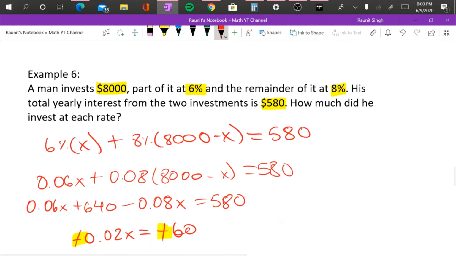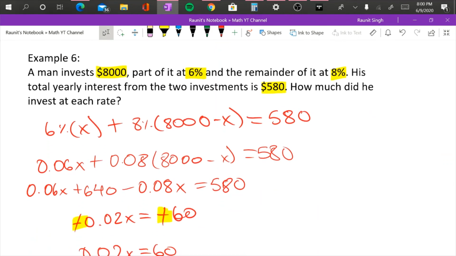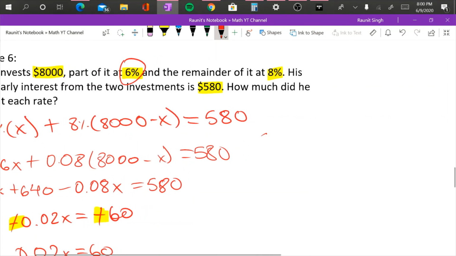Okay, so now we go back up to the top. We figured out x. x is the amount he invested at the 6% rate. And he had $8,000, right? $8,000, not 18. And he spent $3,000 of it on the 6% and the remainder on the 8%.